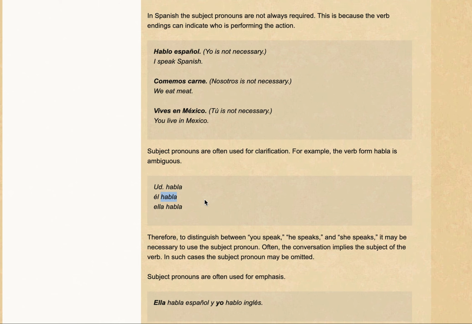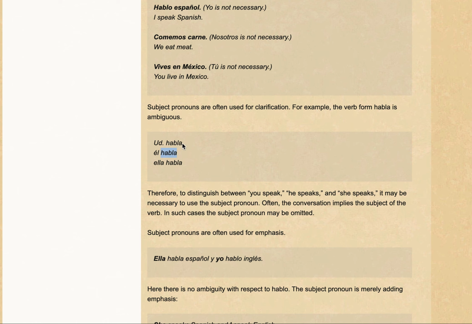In this case, we cannot determine exactly what the pronoun is. It could be él, it could be ella, because the rule is exactly the same for él and ella. That's why they say it's ambiguous.